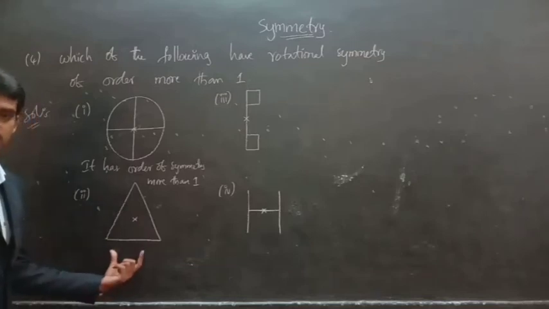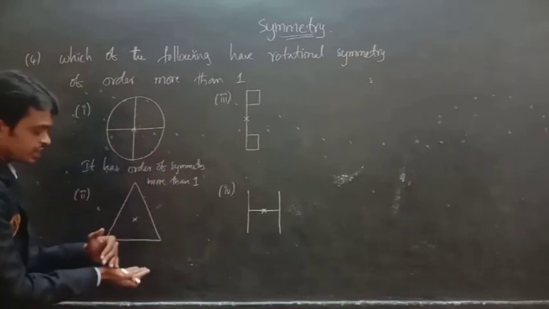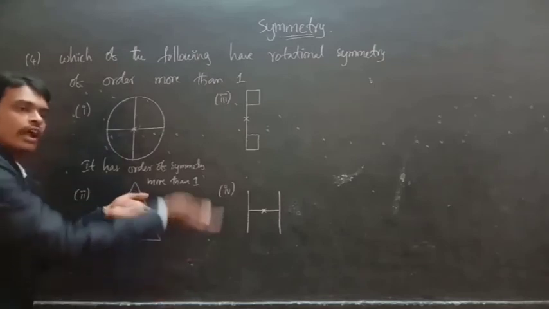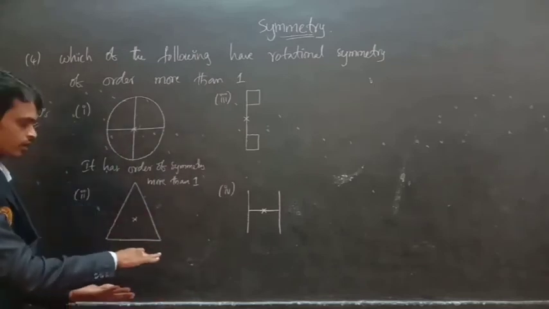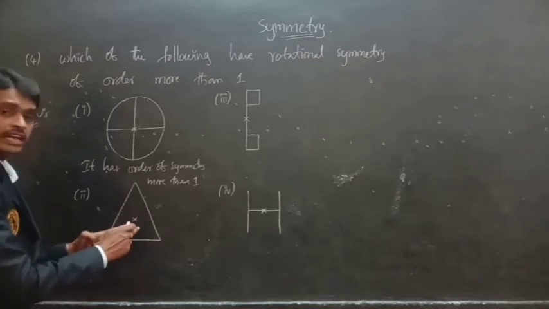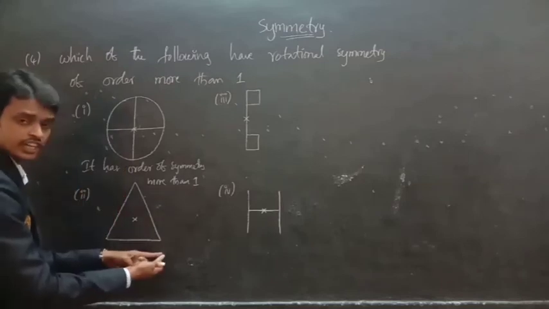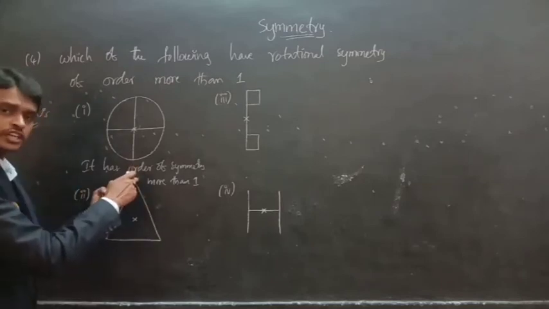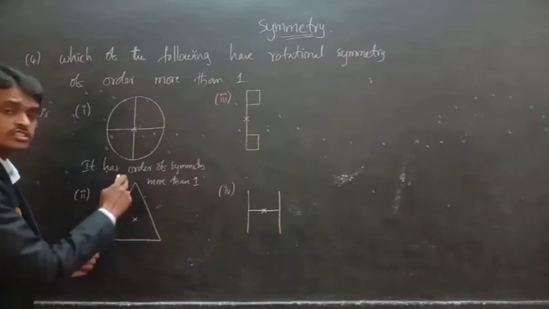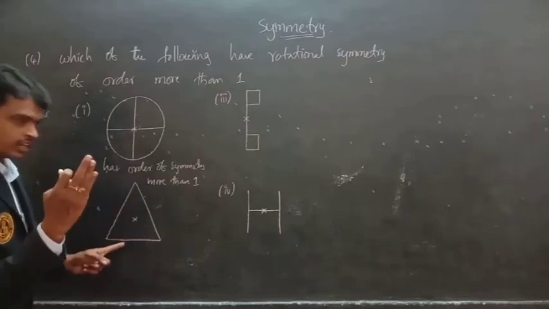If we rotate in the clockwise or anti-clockwise direction, we will get the same shape 3 times, at 120 degrees, at 240 degrees, and at 360 degrees. Then the order of rotational symmetry of an equilateral triangle is 3.